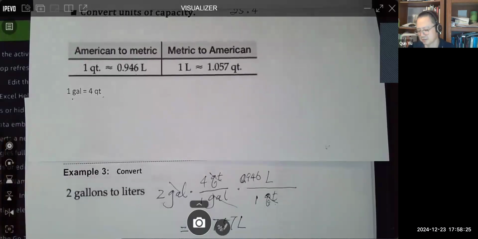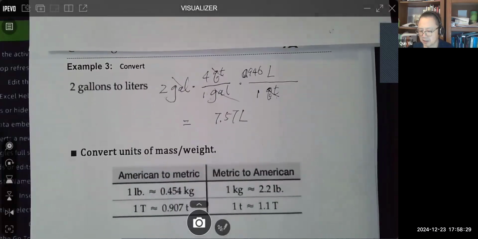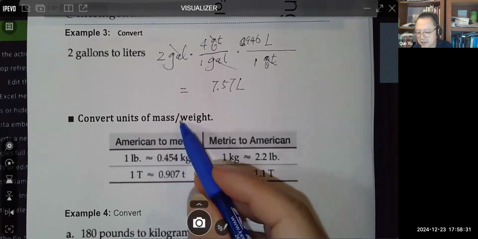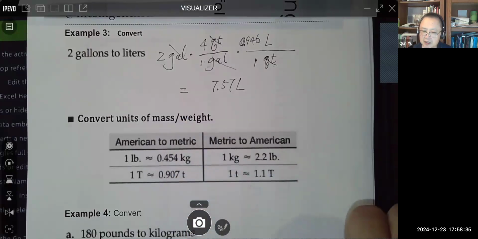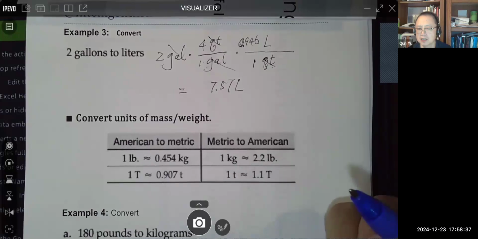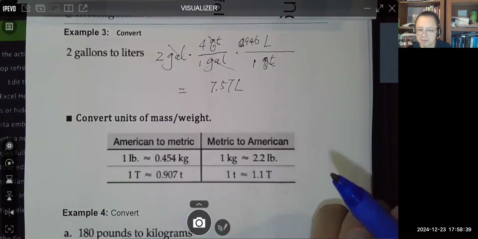Yeah, that's it. Now, next one is about the weight. So that's the reason they use a slash, is that in the daily life calculation, we don't need to differentiate between whether this is mass or weight. We treat them the same.